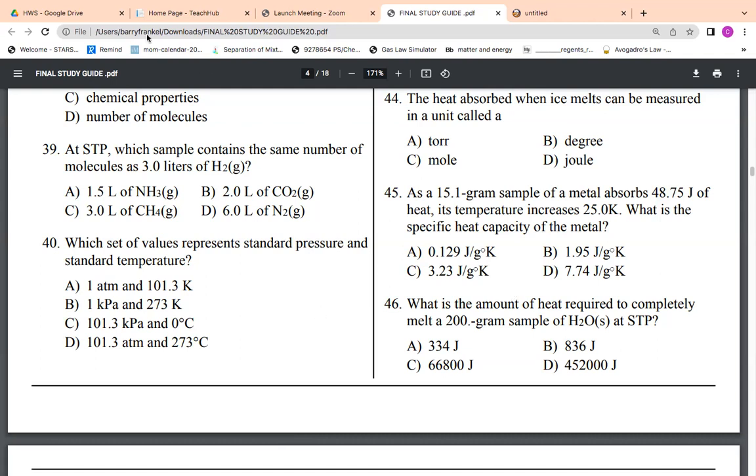All right. Next one. What is the amount of heat required to completely melt... melting. This is another heat equation. This is the heat of fusion. Again, fusion is another way to say that something is melting. This is Q equals M H F. Again, you don't need to memorize what HF is. It is on your reference table.